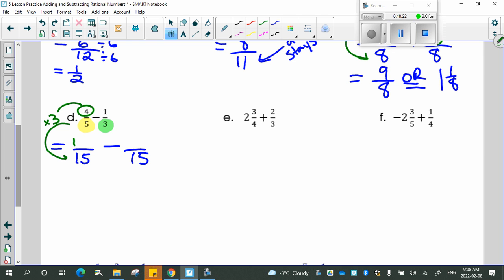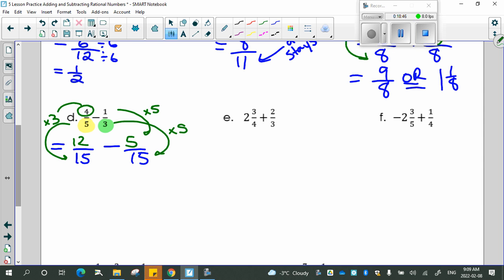So 4 times 3 is 12. If I wanted to check and make sure I was right, I would do 4 divided by 5. That would give me 0.8. And check that 12 divided by 15 also gives me 0.8. And then I can be sure. Over here, I had to multiply 3 by 5 to get 15, so I have to multiply 1 by 5. You saw it.